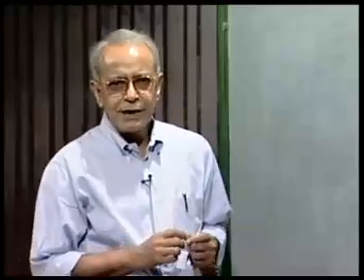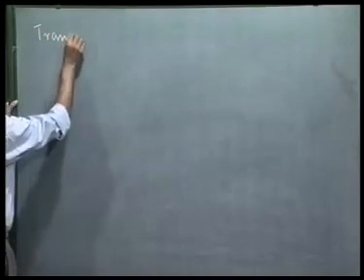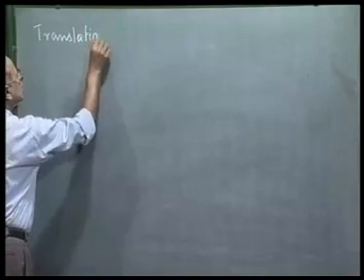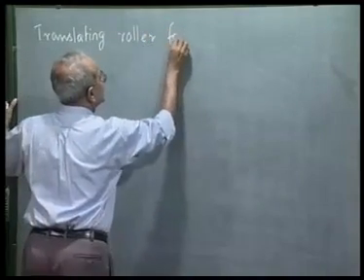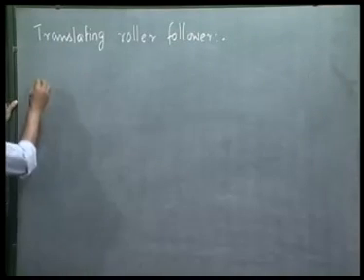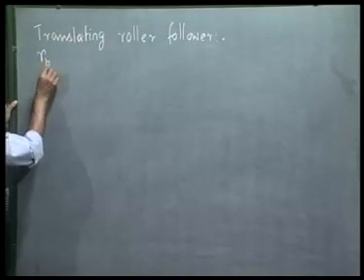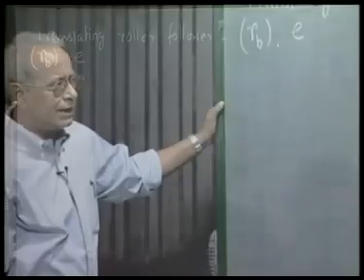Now we shall discuss how to determine the optimum values of the minimum base circle radius and the offset for a roller follower. So we are discussing a translating roller follower, and we have to determine what are the optimum values of the base circle radius and the offset that is needed.